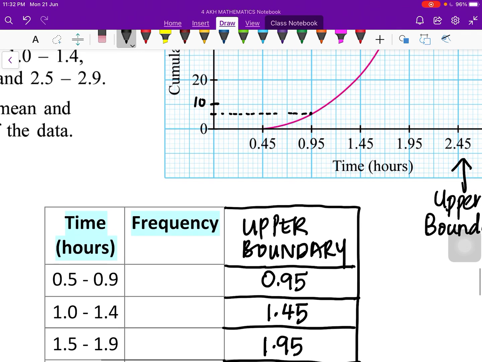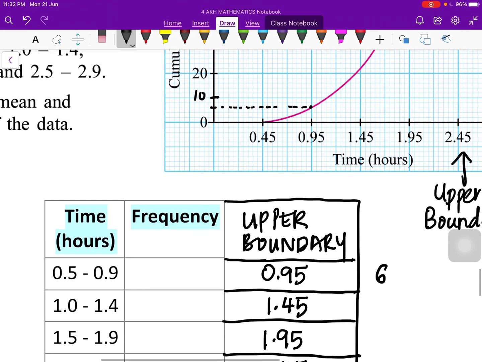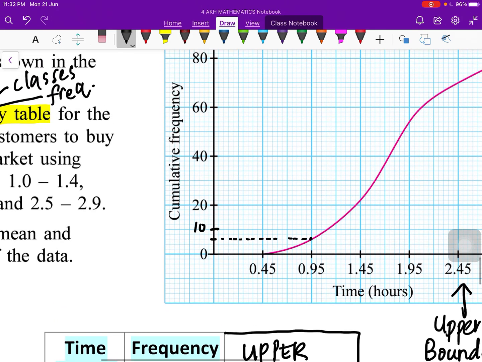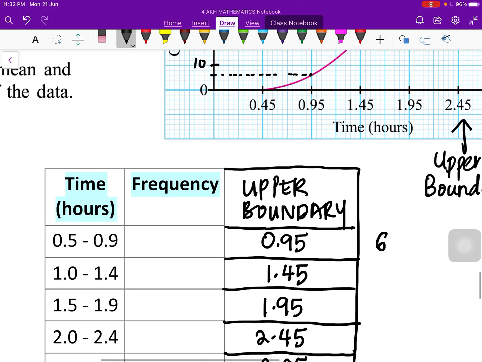So this is actually 6. Saya letak dulu 6. And then next is 1.45, which is actually 22.